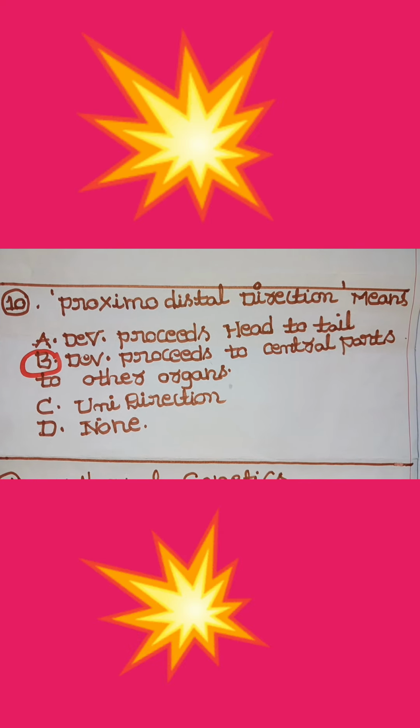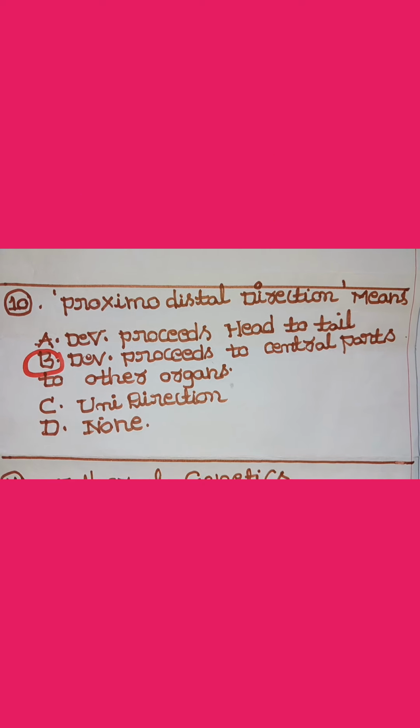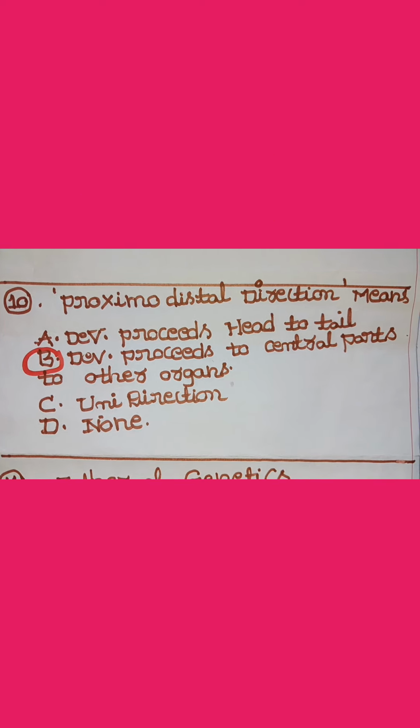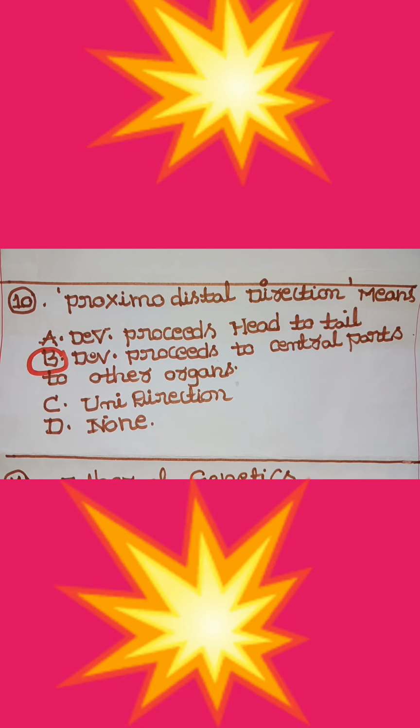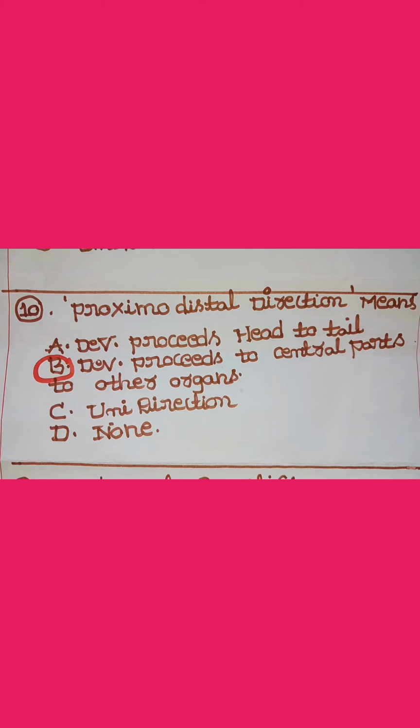Question number 10. Proximo-distal direction means: A. Development proceeds head to tail. B. Development proceeds from central parts to other organs. C. Unidirection. D. None of the above. If the development proceeds from central parts to other organs, it is known as proximo-distal direction.